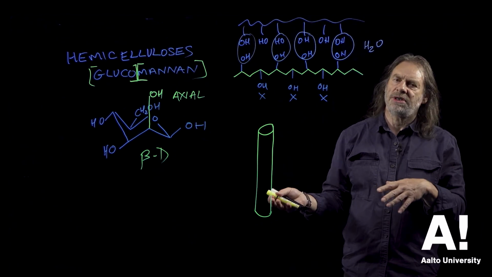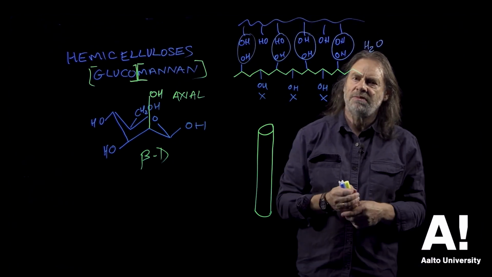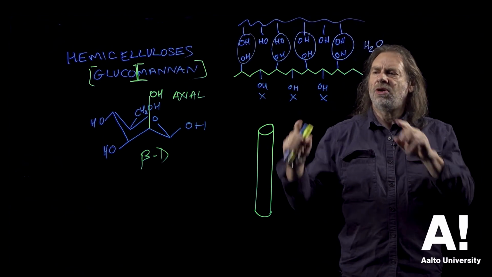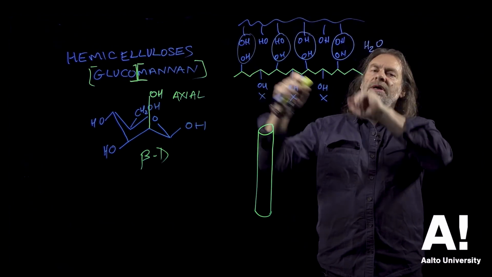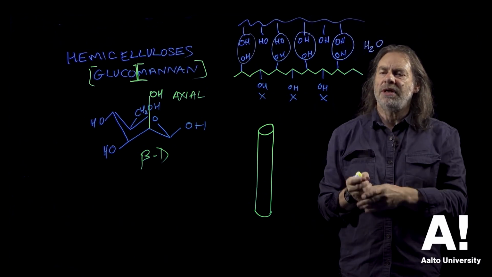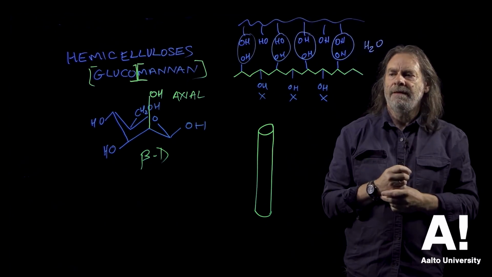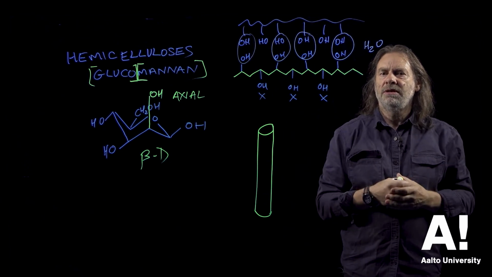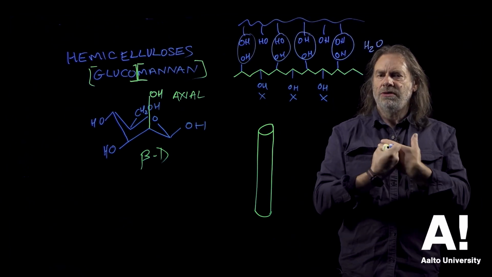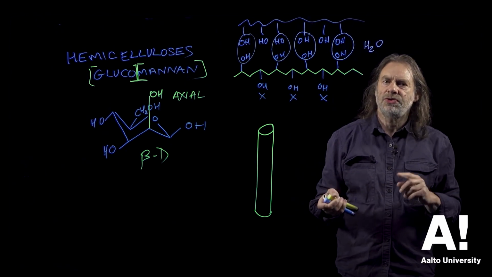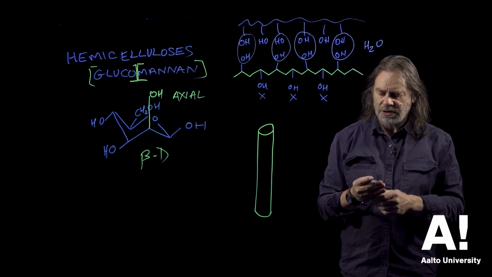So this is just an example of Glucomannan. There are many, many examples of different hemicelluloses in wood. But they all have this common theme that there is going to be a linear backbone at some point. It may not be all the way through the molecule, it may be chunks of it. But those chunks can come up closely to the surface of the microfibril, but they will not be bonding with that microfibril as strongly as the cellulose chains.